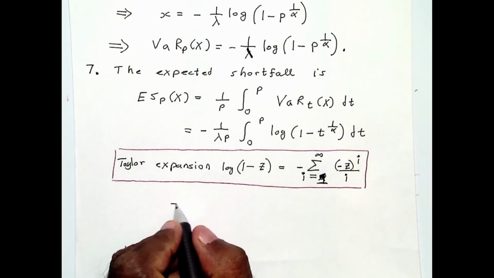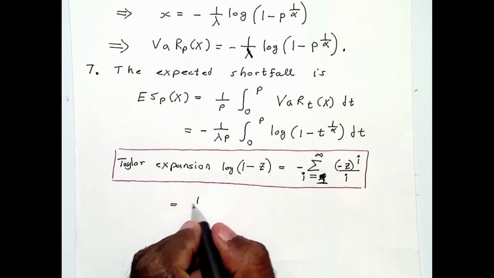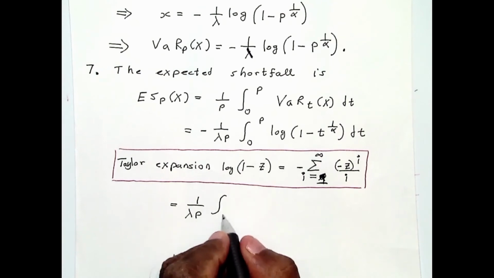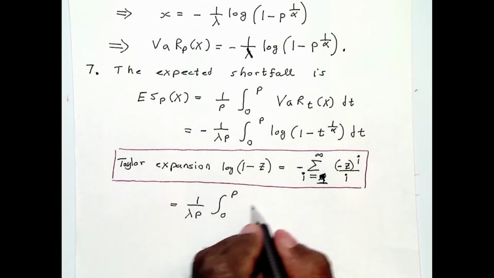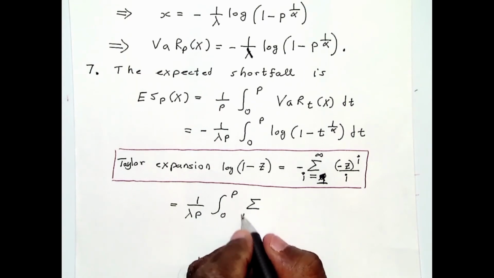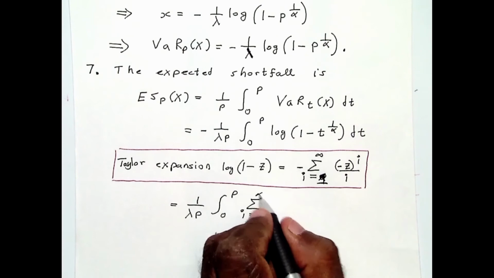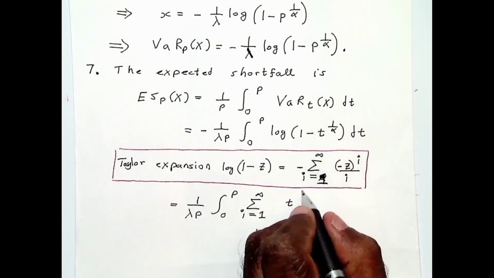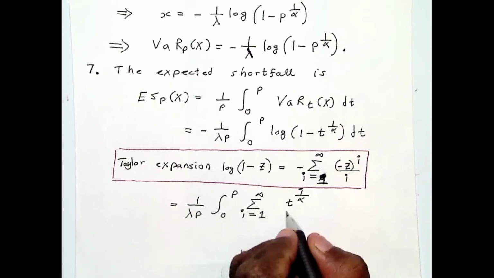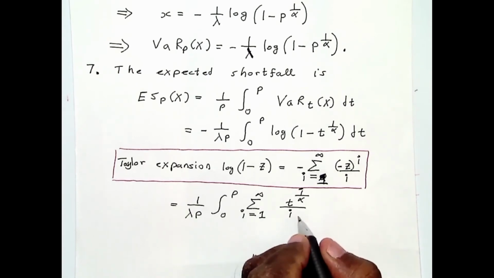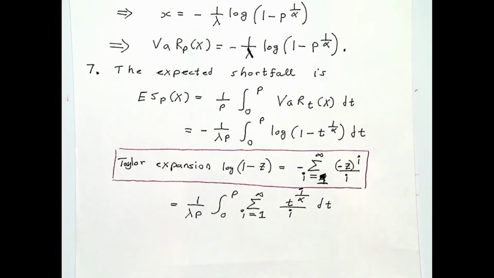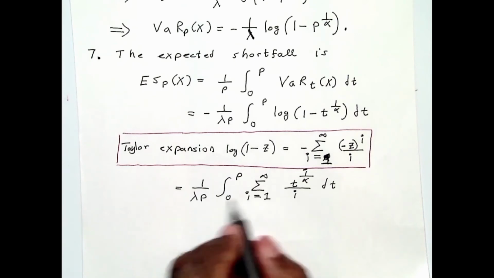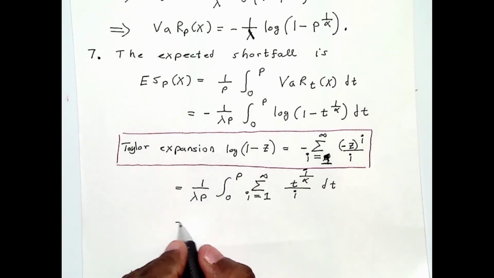So using the Taylor expansion, this is what you will get: 1 over lambda p, the integral from 0 to p of the sum over i from 1 to infinity of t raised to the power i divided by alpha, divided by i, dt. Right?